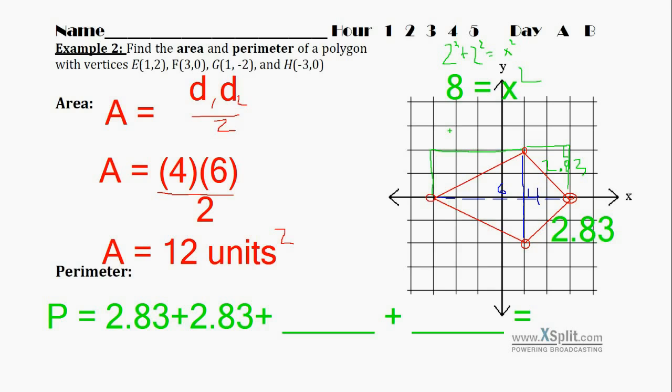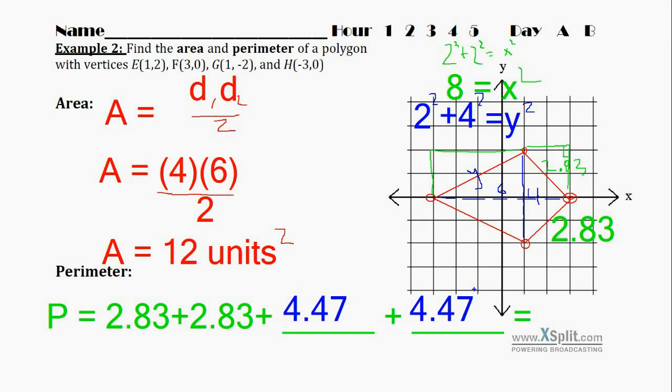I think we already did that calculation. 2 squared plus 4 squared equals, let's call it y squared this time, distance in the y direction here. 2 squared is 4, 4 squared is 16, 4 plus 16 is 20. I believe we did do this problem already. The square root of 20 ends up giving us 4.47 again. That's from the last problem. 4.47 right here, 4.47.